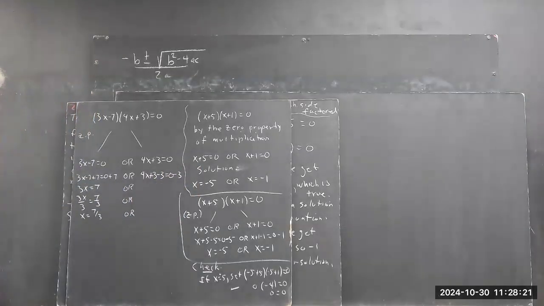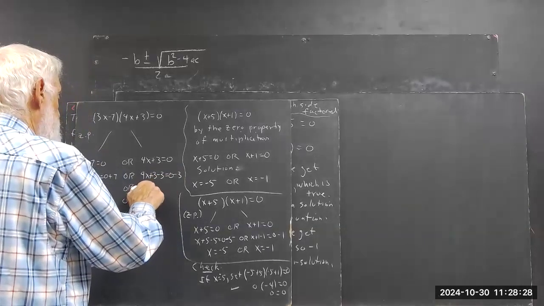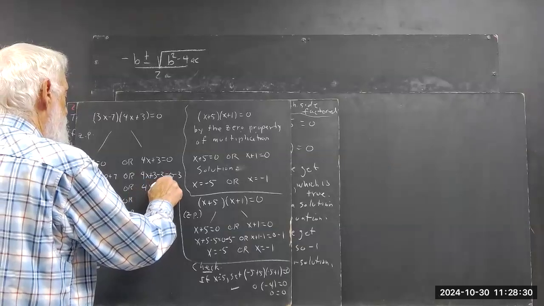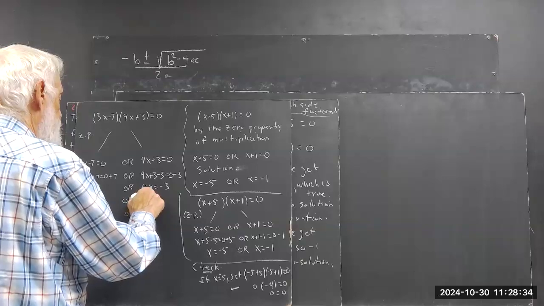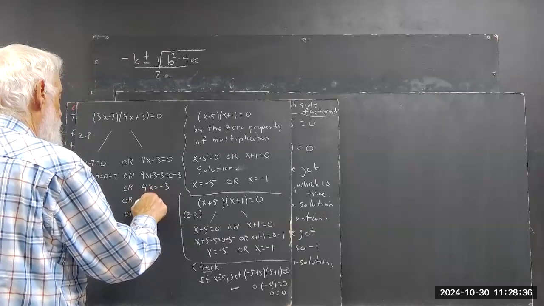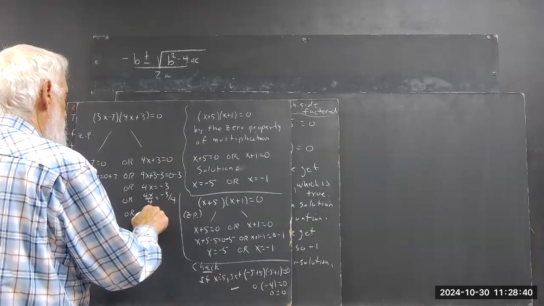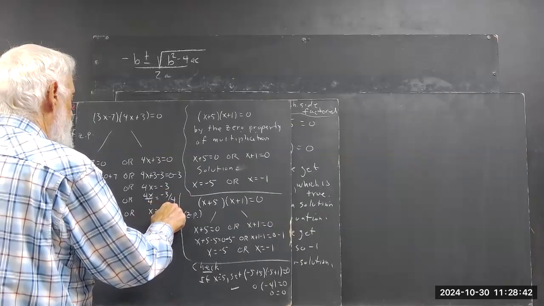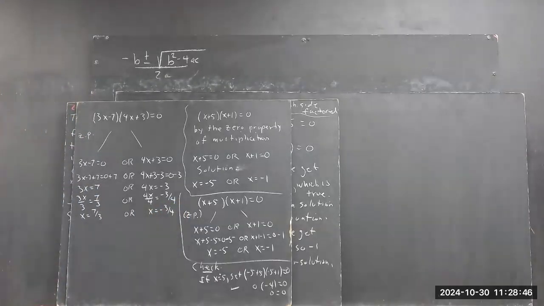4x plus 3 minus 3 equals 0 minus 3. And it's obvious what these steps are, but we do want to write them out. Okay, so there are our solutions.